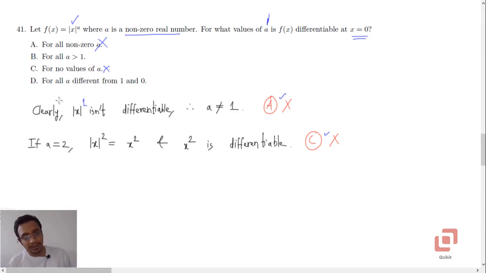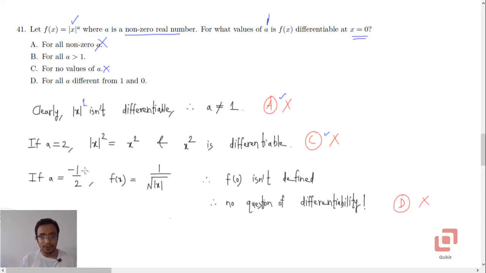Let us now consider an example through which we can rule out option D. What I have done is I have picked a as negative 1 upon 2. Why can we take a to be negative? Because the only restriction on a is that it is a non-zero real number. If I take a as minus 1 upon 2, then f of x will be mod x raised to minus 1 upon 2, which means 1 upon root of mod x.